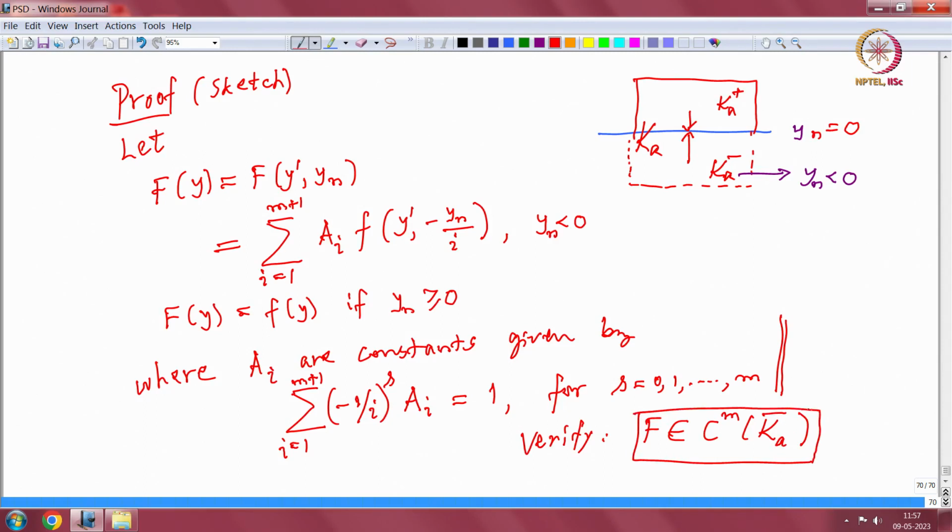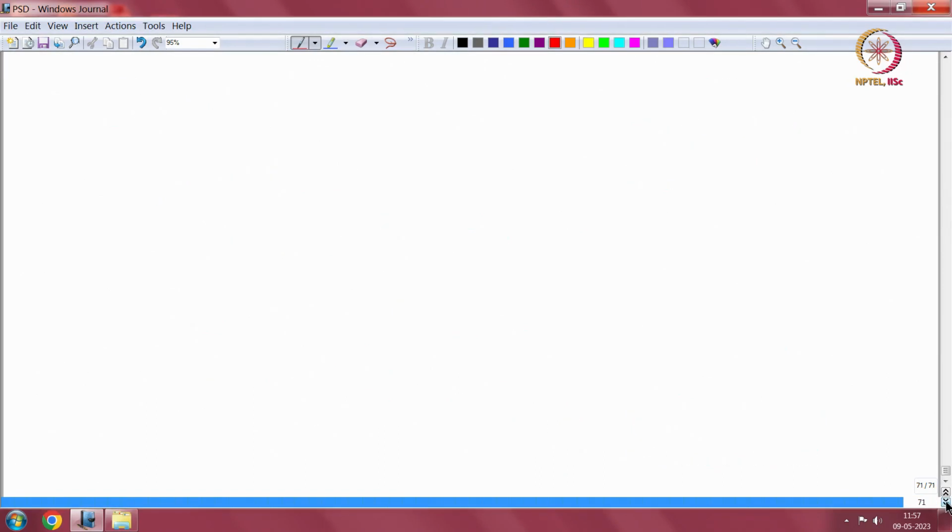But our interest is a little more. We also want the integrability of these extensions.